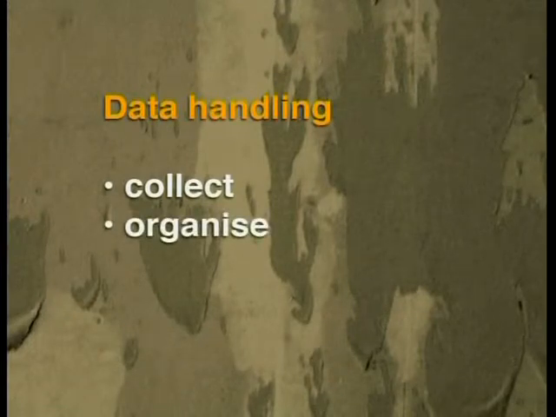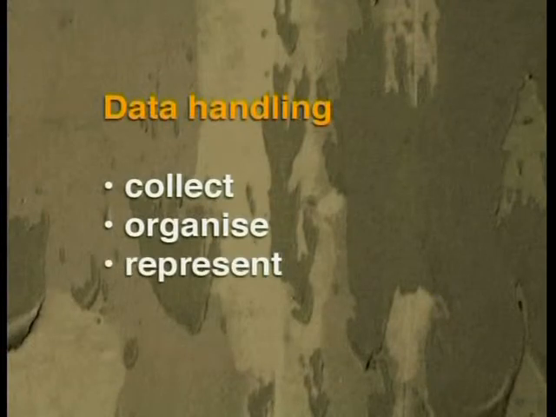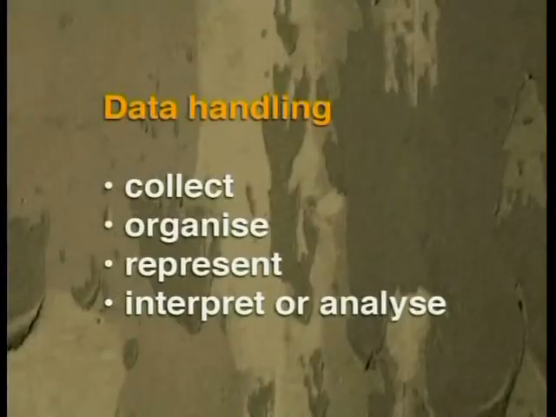After that, they have to find ways to represent the data. Representing the data on a tally table, in a written report, or with a graph helps to interpret the data. Then the data can be analyzed in order to make important decisions. We will discuss and use all these steps throughout the series.